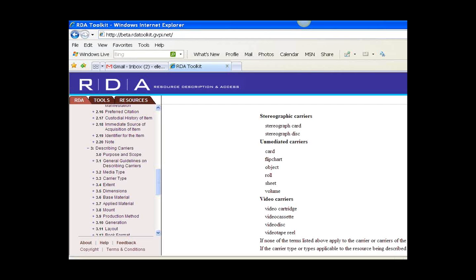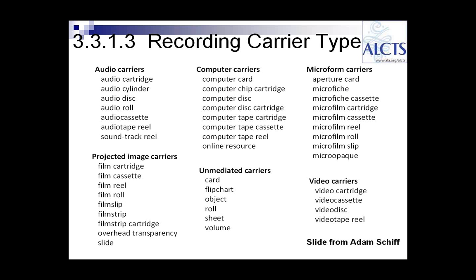Okay. And this is the way that it looks in the RDA Toolkit. So you can see, for example, if you were cataloging a book, the carrier type that you would use would be volume.